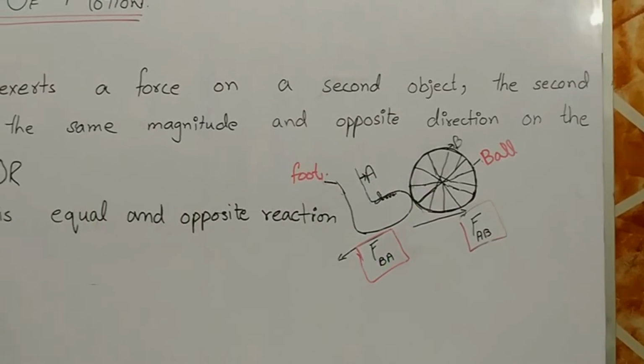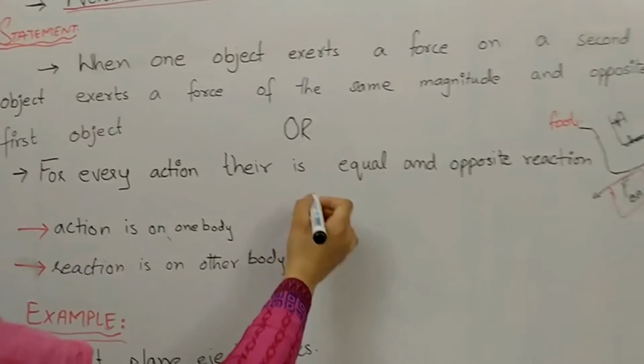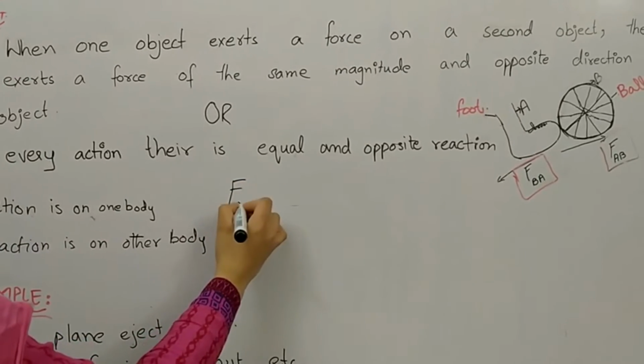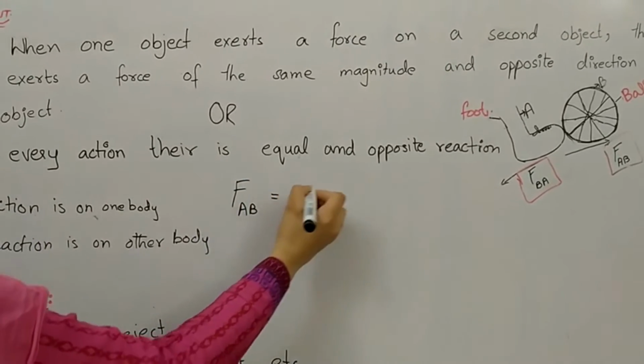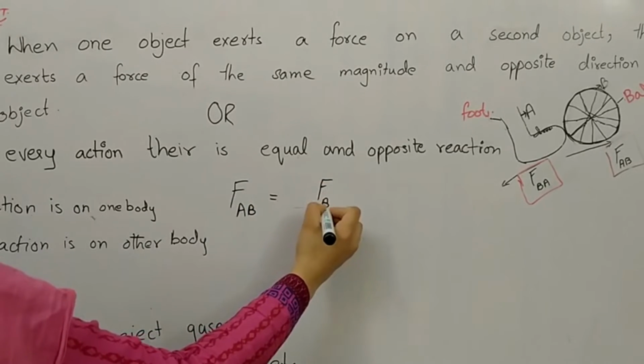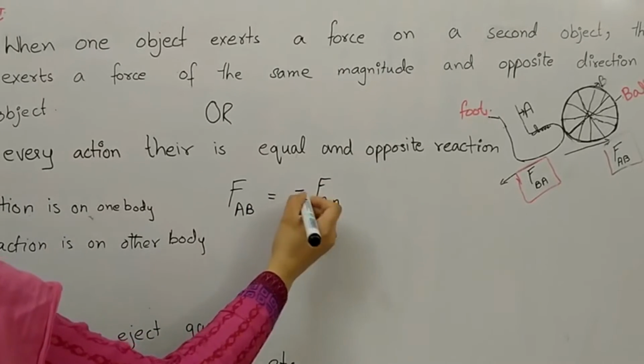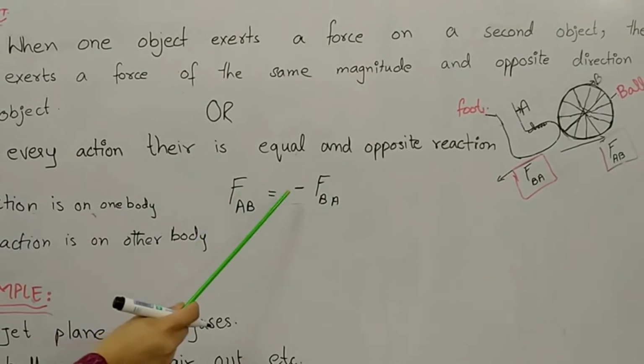For this example, I have taken the mathematical term FAB, which is equal to minus FBA. But why did I write the minus sign here?